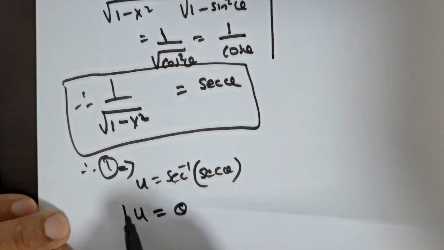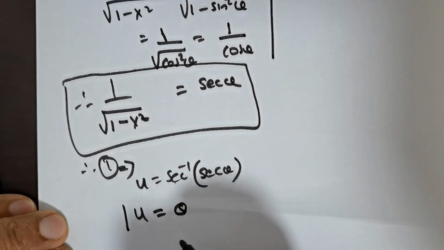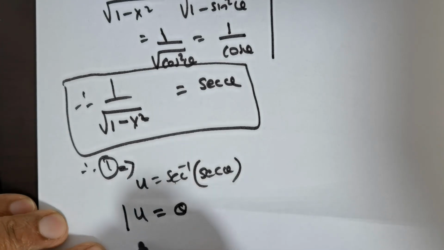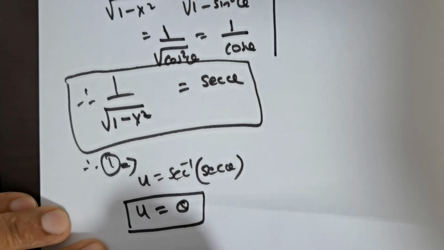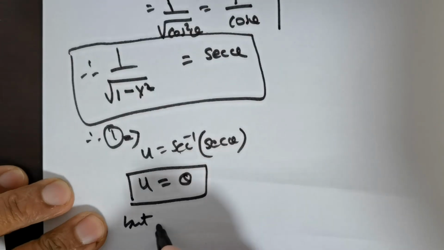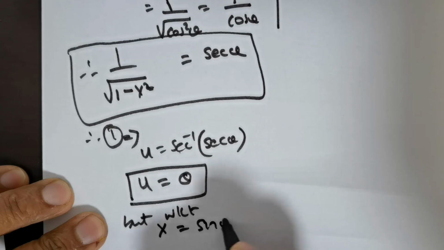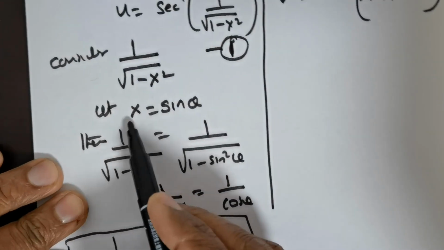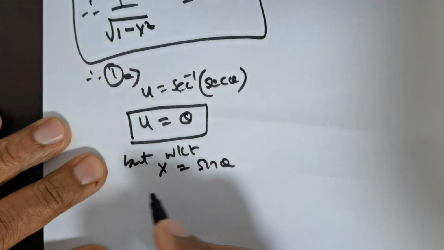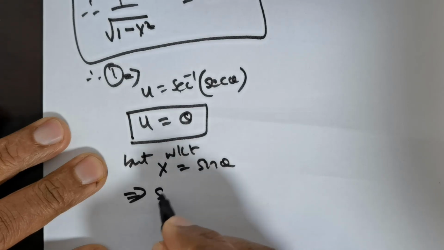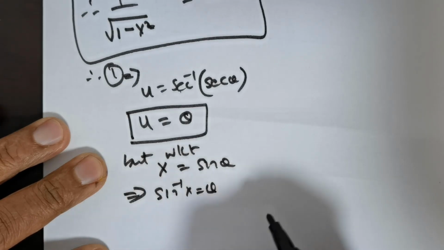Okay, now I have got u is equal to theta, but what is theta? We know that x is equal to sine theta. We actually assumed this. So this would mean sine inverse of x is equal to theta.